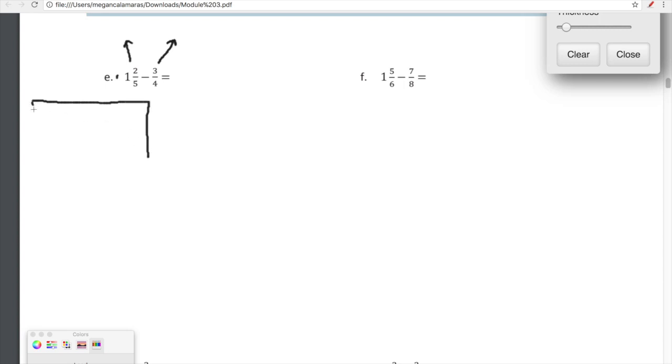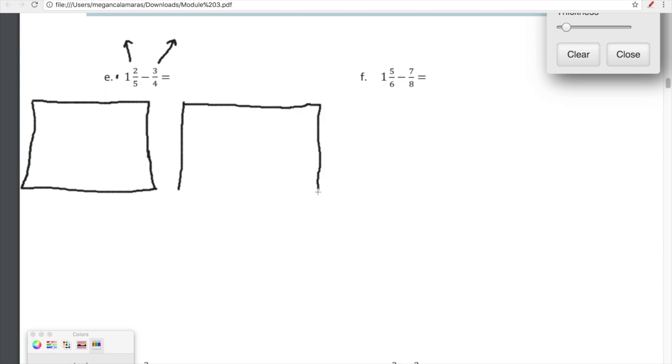Kendi, 1 2/5, is it greater than, less than, or equal to 1 whole? Thank you, Kendi. 1 2/5 is greater than 1 whole because 1 2/5 is 1 whole. We're going to divide this 1 whole into 5 equal parts.